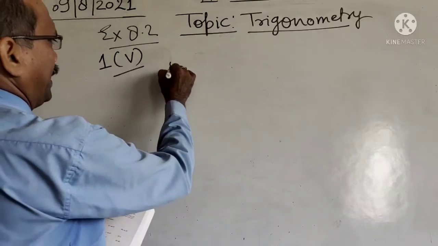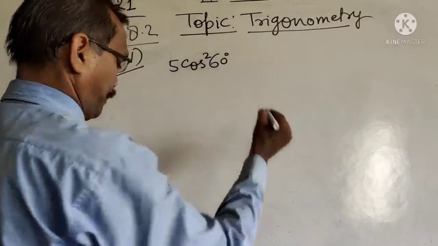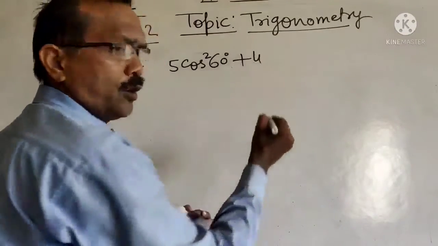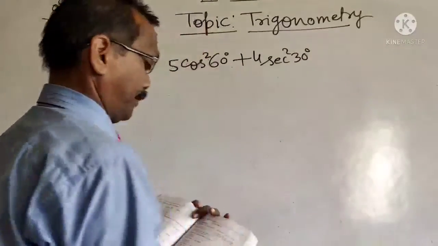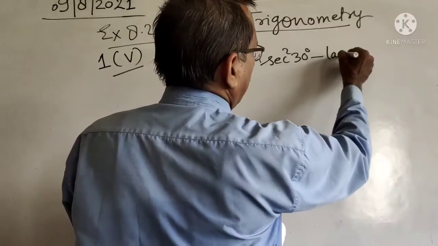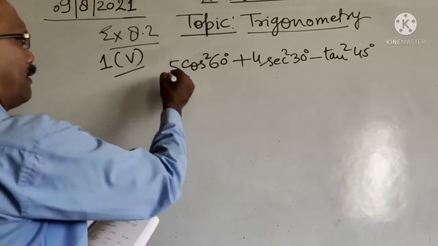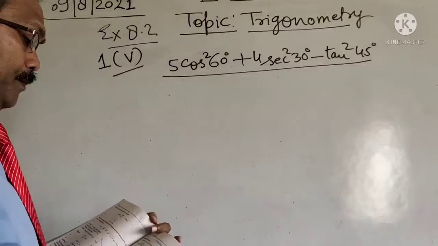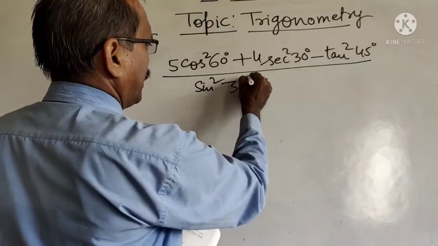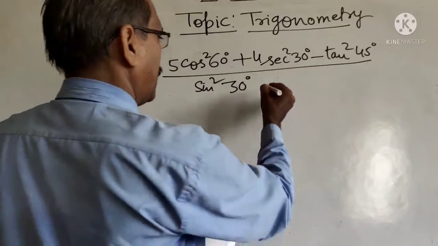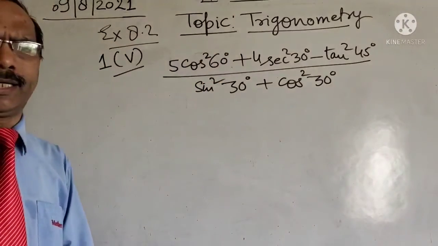It is 5 cos square 60 degree plus 4 sec square 30 degree minus tan square 45 degree, divided by sin square 30 degree plus cos square 30 degree.